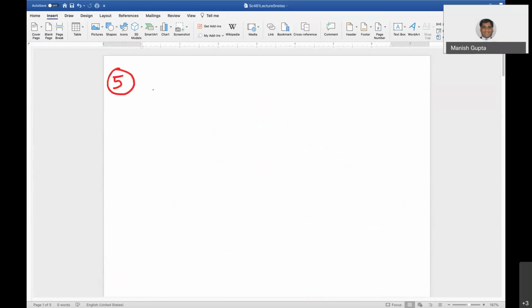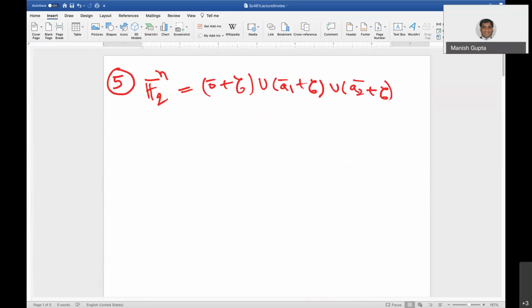It says that our whole space F_q^n is nothing but 0 plus C, that's the first coset, union A1 plus C, that's the second coset, union A2 plus C, that's the third coset, union dot dot dot union AT plus C.